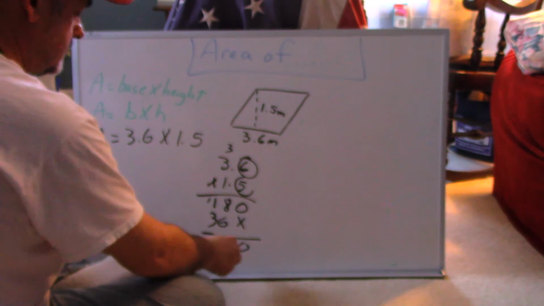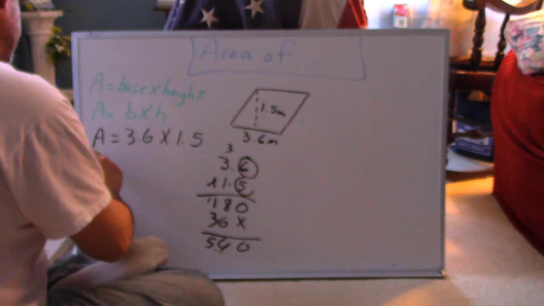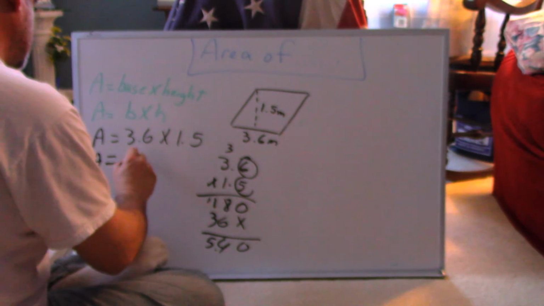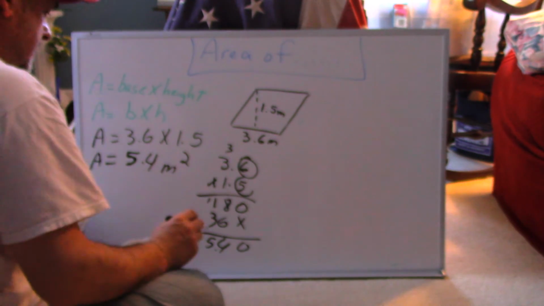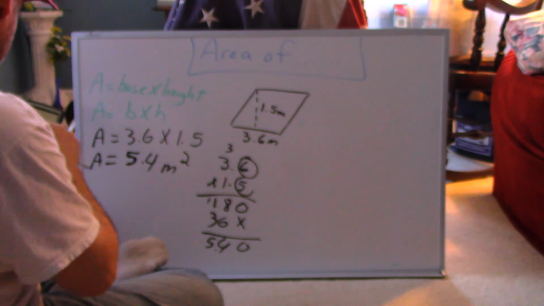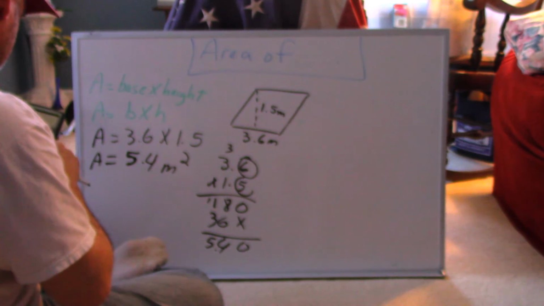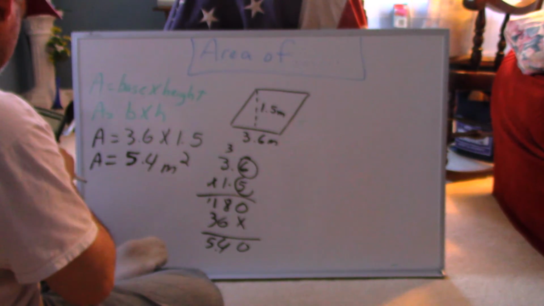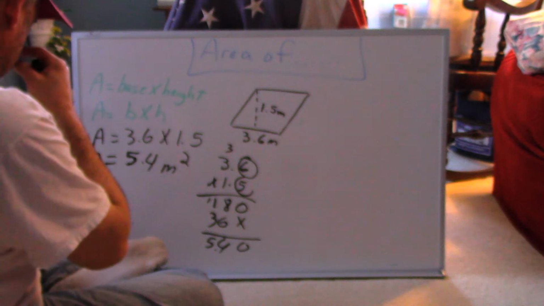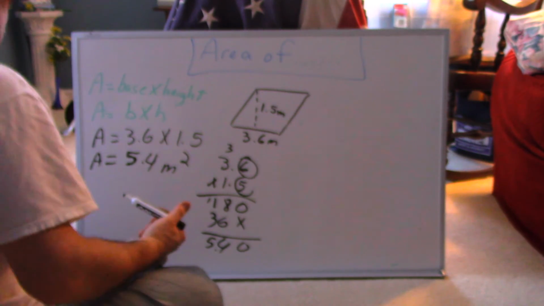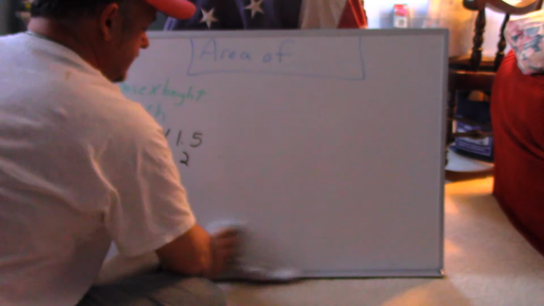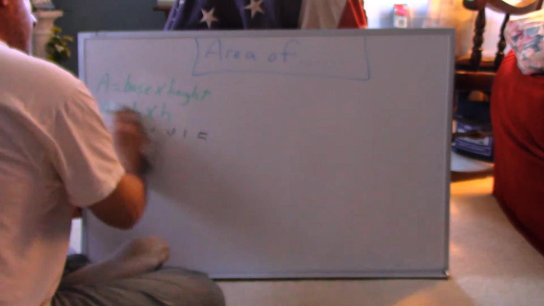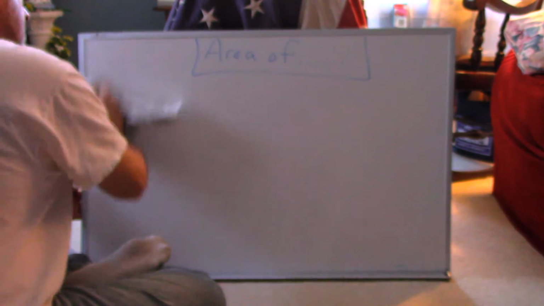So I go over twice. Once, twice. So it's 5.4. Meters squared. Let me double check that. .4, you got it.